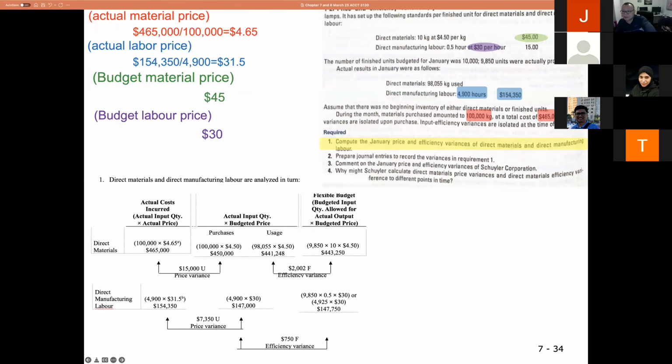So if this is the purchasing department, they are trying to keep the cost under control, right? If, let's say, they paid $5.50, they paid the actual $1 more. That's probably something you want to investigate. So the budget is $4.5 per pound, and you are purchasing at $5.50 per pound.